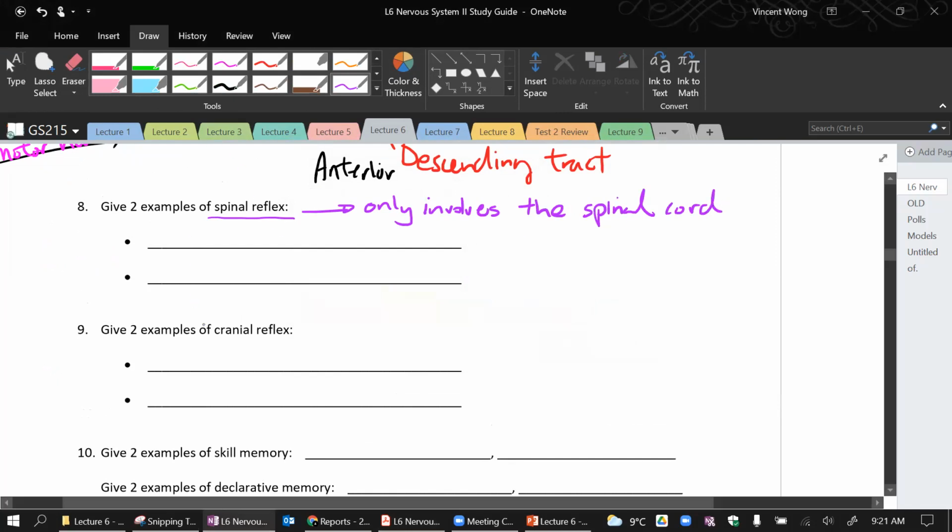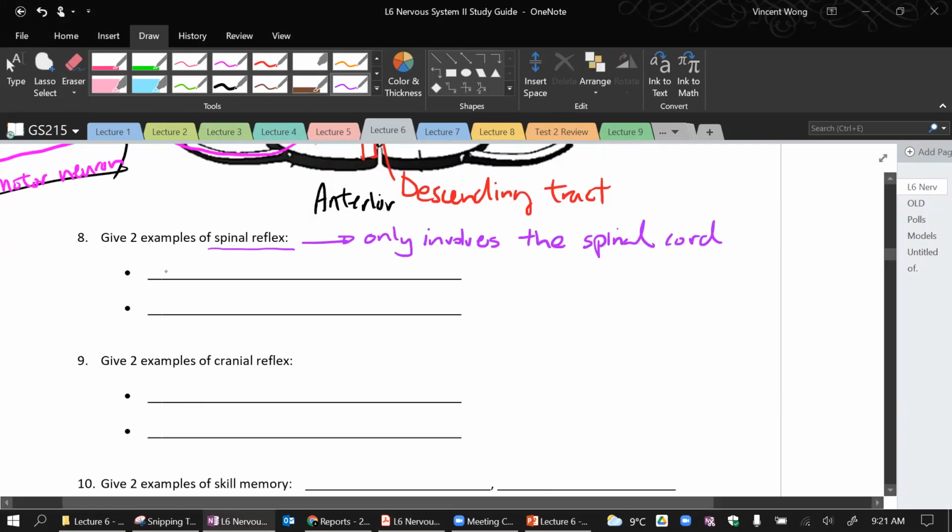So 2 examples of spinal reflexes are the knee jerk reflex. If you tap on someone's patellar tendon at the knee, then the leg will kick forward a little bit, right? So that's the knee jerk reflex.